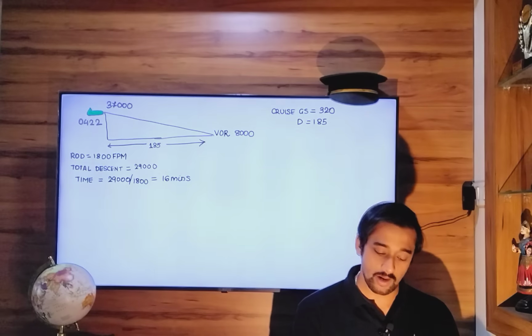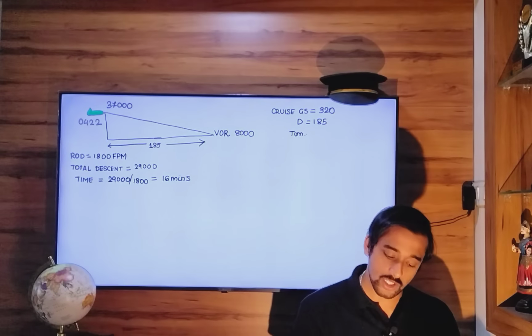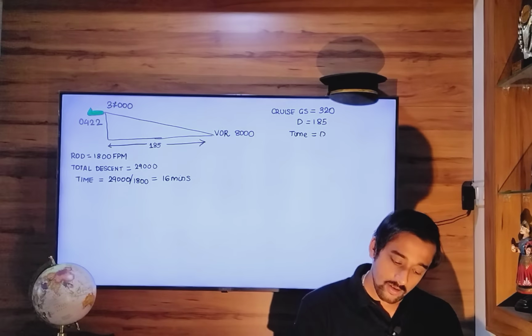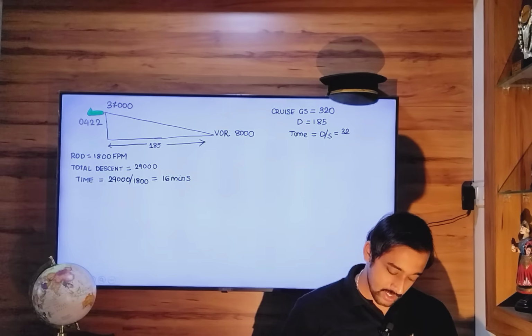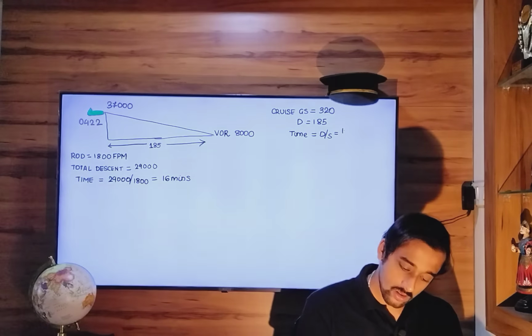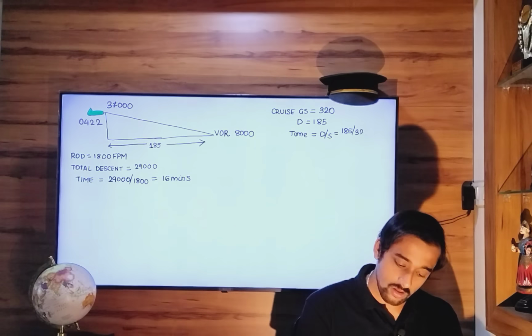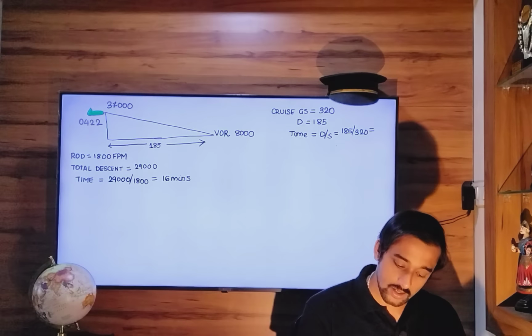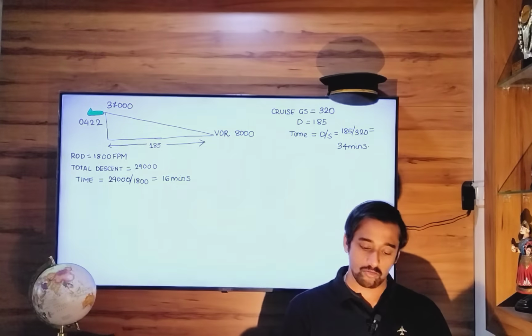So at this speed you will take how much time to cover this entire 185 nautical miles? 185 divided by 320 is equal to 34 minutes. You will take 34 minutes.